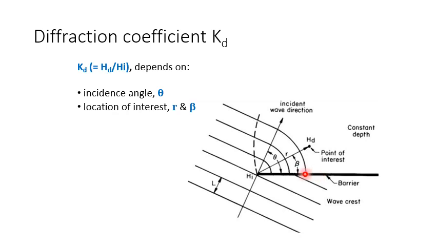So let's say this barrier has a tip at this point, and assuming that this is the incoming wave crest, so that the wavelength is L, and this is the orthogonal or wave incidence direction.